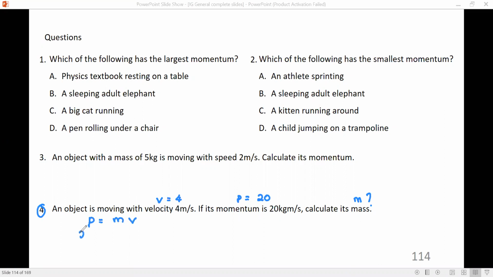Your momentum is 20, the mass is what we are trying to find, and V is 4. So M is 20 divided by 4. So M is 5. Remember the unit? kg. This is how you calculate information from the formula for momentum.